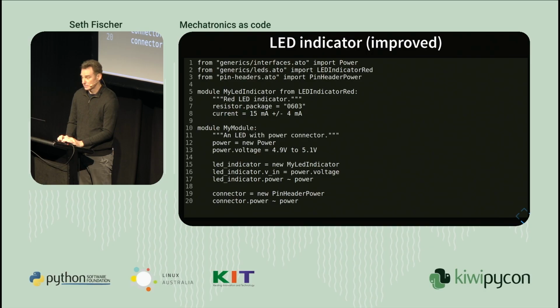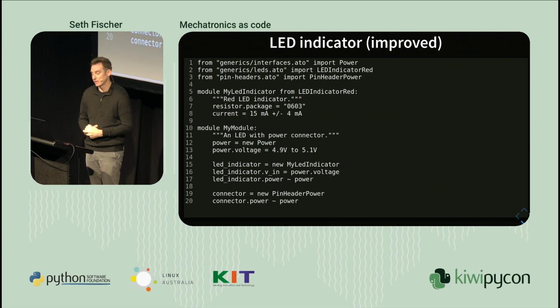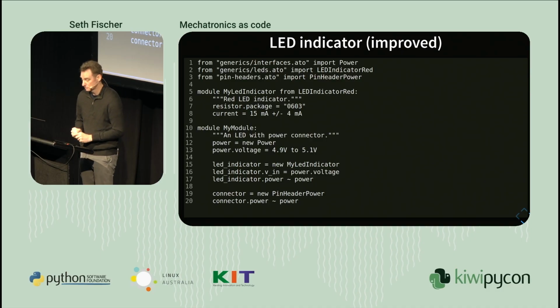Then we create an LED indicator on line 15. And an interesting thing here is, because we have our voltage defined on our power interface, 4.9 to 5 volts, and because we've defined the current we want the LED to run at, Atopile can automatically select the value of the resistor according to those parameters.